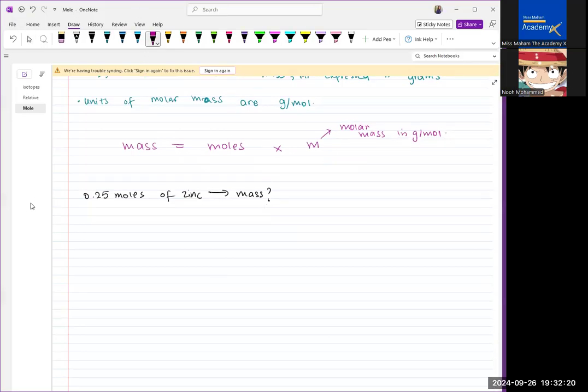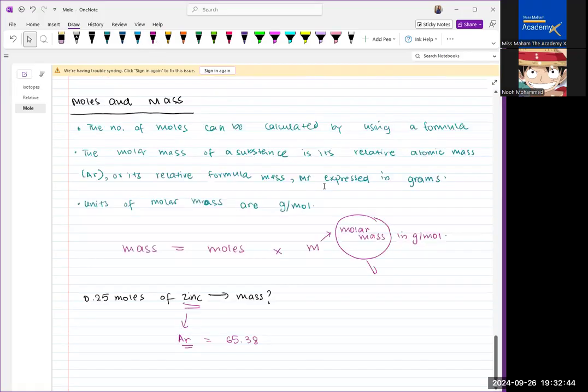First, from the periodic table, you will find out the AR of zinc, right? That's available in the periodic table. And the AR of zinc turns out to be 65.38, which means that this is your molar mass. Molar mass is basically your AR expressed in grams per mole, right?